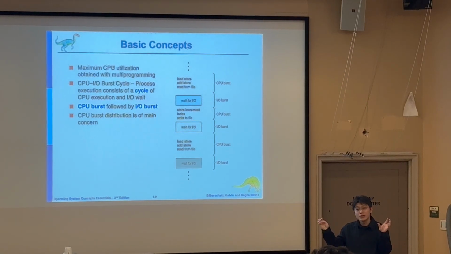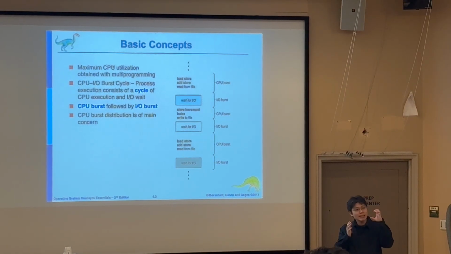So they are not doing CPU computation all the time. So if you have two processes, and you can schedule them in a way that when this process is using CPU, the other one is doing I/O, and when this one is doing I/O, the other one can use CPU, this could help both of the processes to finish earlier.